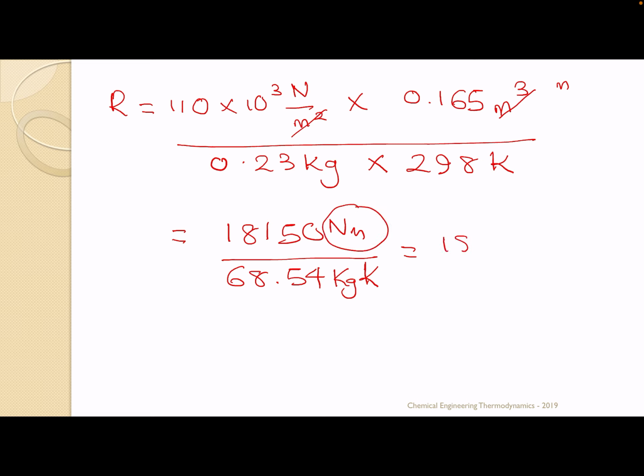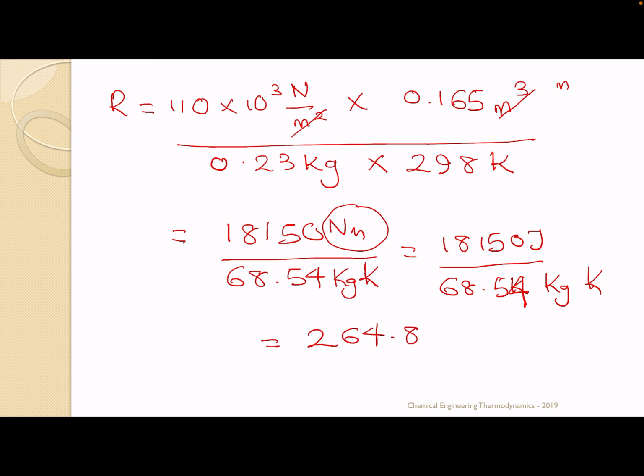So that is 18150 joules divided by 68.54 kilogram Kelvin. So our R then becomes 264.8 joules per kilogram Kelvin.